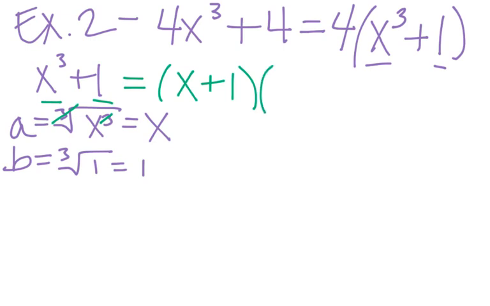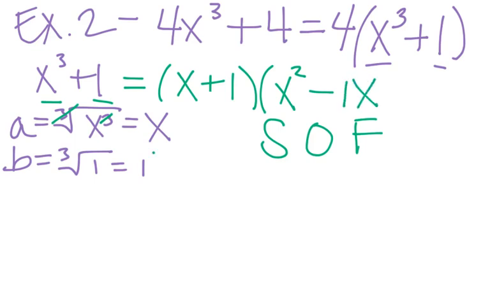Okay, and then we're going to use the SOFA pattern. So S is for squaring a, so x squared, O for opposite sign, minus, F for factors, and multiplying them, that's x times 1, or 1x, or just x, A for addition, and S for squaring the b value. 1 squared, and that's just 1.